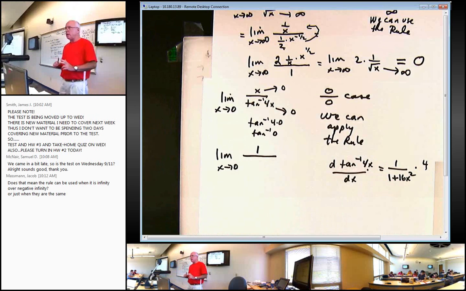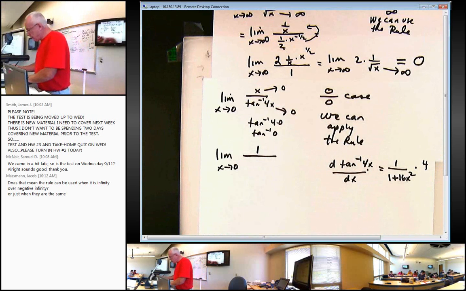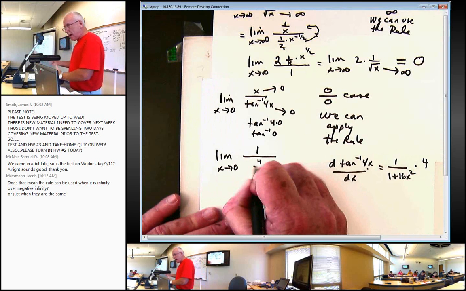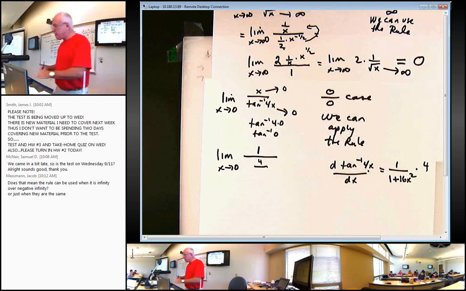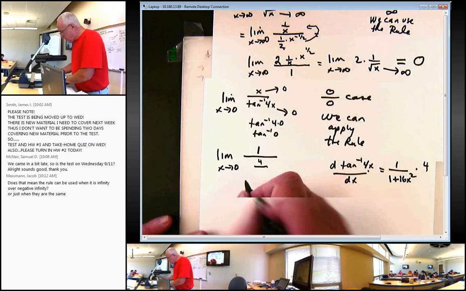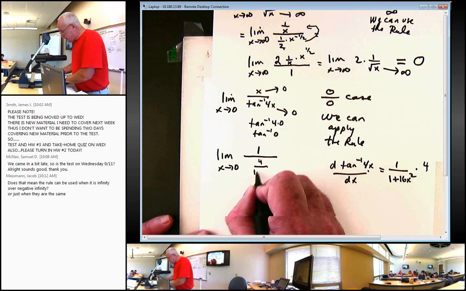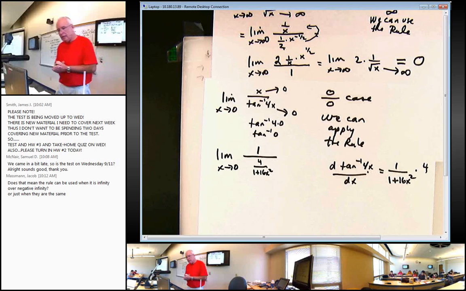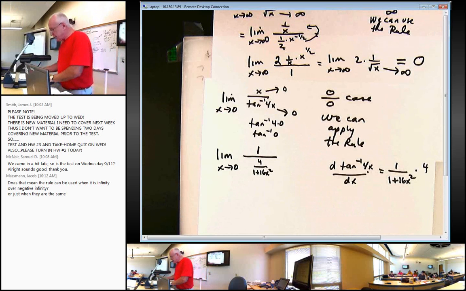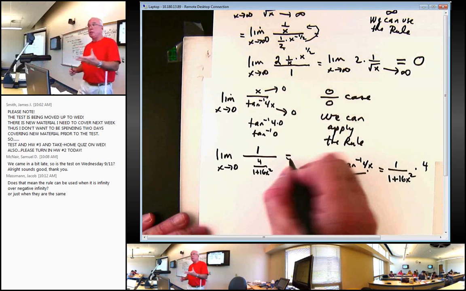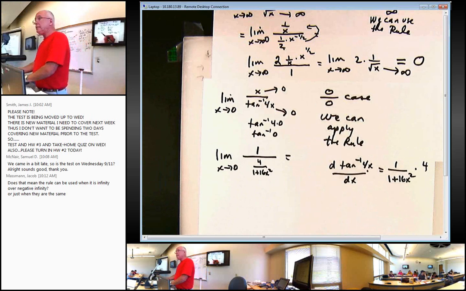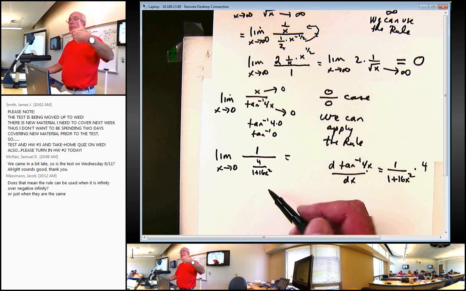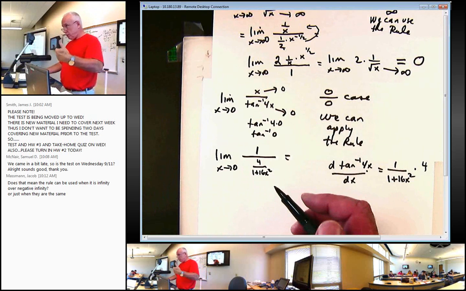Everybody okay with that? All right, so over here on the denominator then, I have another fraction, or what's called a rational expression. It's going to be 4 divided by 1 plus 16x squared. All right. Now, let's then again use some algebra here. Whenever we divide something by a fraction expression, it's the same as multiplying it by the reciprocal.